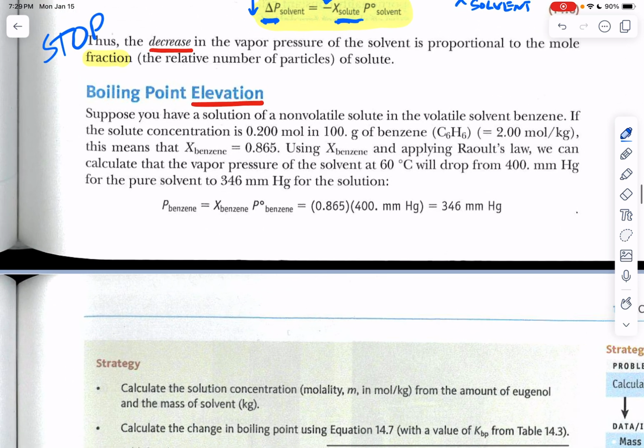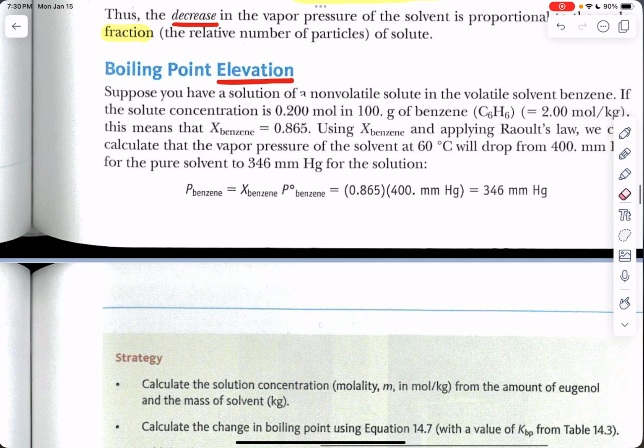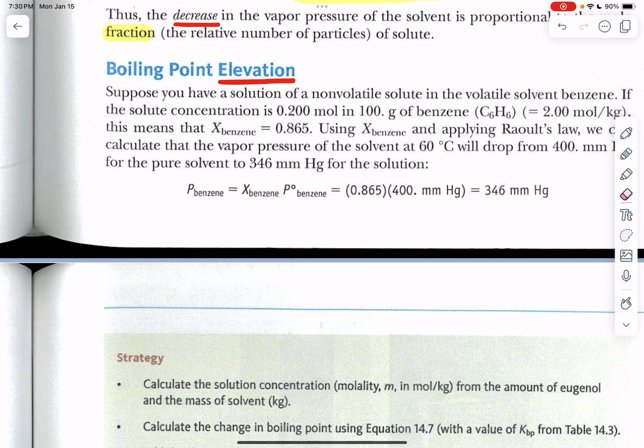All right, let's talk about boiling point elevation. In boiling point elevation, now we're going to add a solute to the solvent, and we're going to boil the water and see what happens. Now, the example that they start with is looking at benzene, which is a non-polar liquid, and says, suppose you have a solution of a non-volatile solute, one that doesn't evaporate easily, and we're putting that into the volatile solvent benzene.